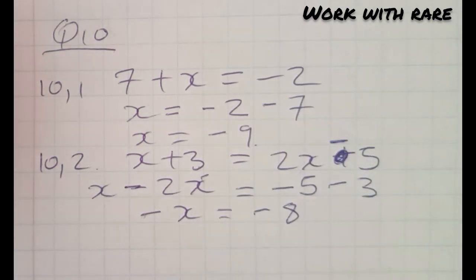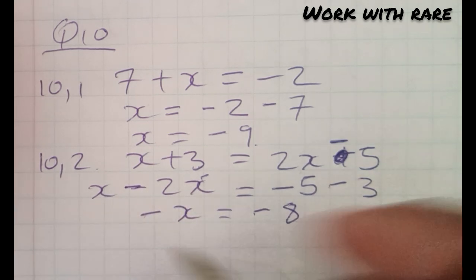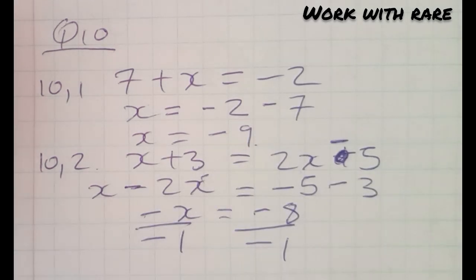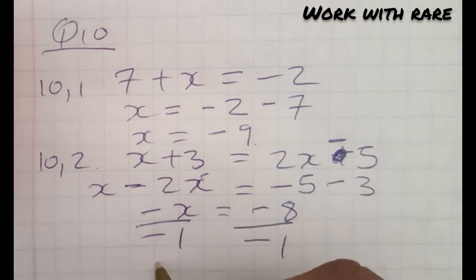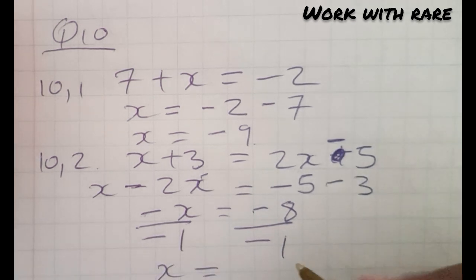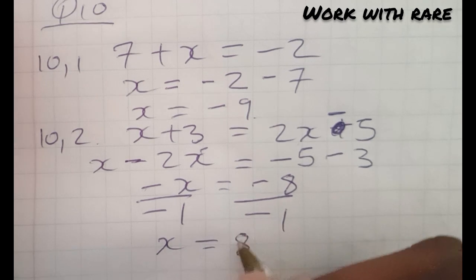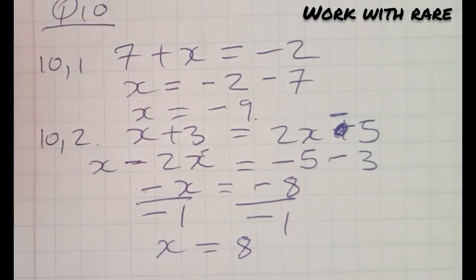Okay, so when you reach this point, don't leave your answer like this, because we are not looking for -x, we are looking for x, so we'll have to divide both sides by -1. Why do I divide both sides by -1? Because I want at the end to have a positive x value. So -8 divided by -1 is +8, and this is because a negative divided by a negative is positive. Okay, so this is our answer.